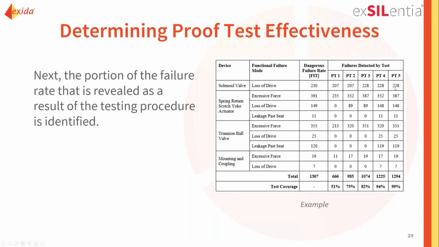We can see that of the 230, 228 will be detected by proof test 5, and 207 will be detected by proof test 1. Detection divided by total will give you the proof test coverage. So we do that with a failure mode effect and diagnostic analysis, and see which particular failure modes of a device can be revealed with the test and which not.